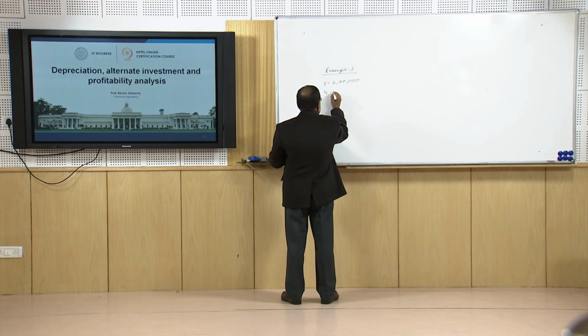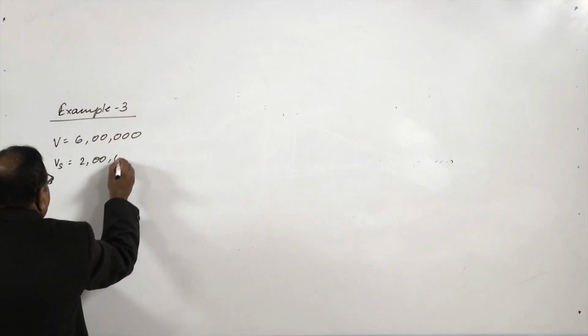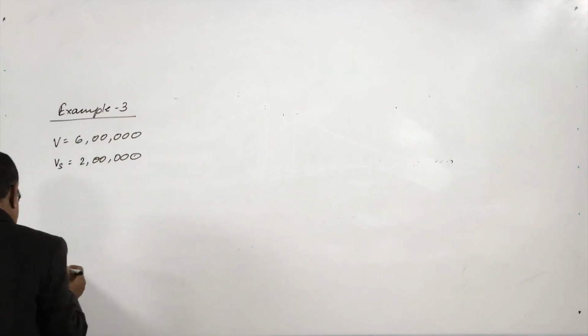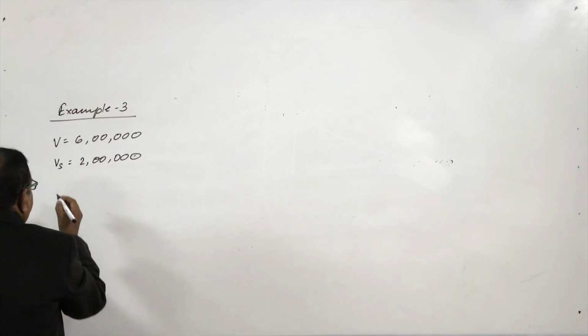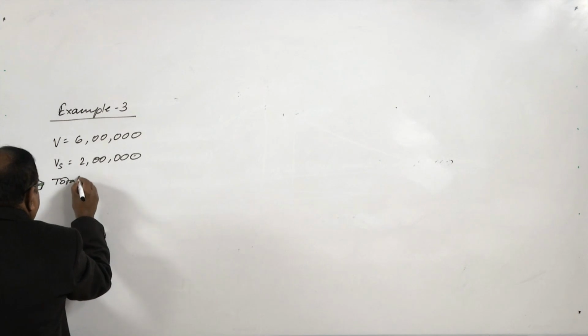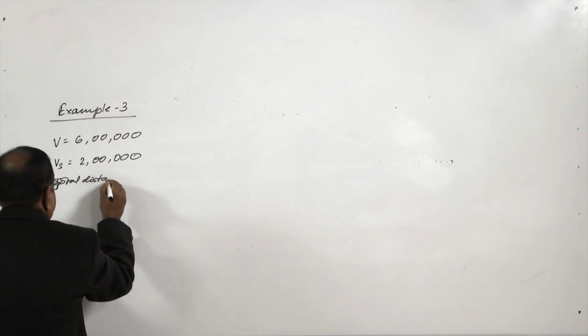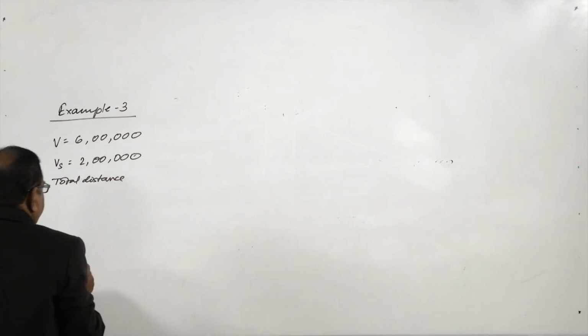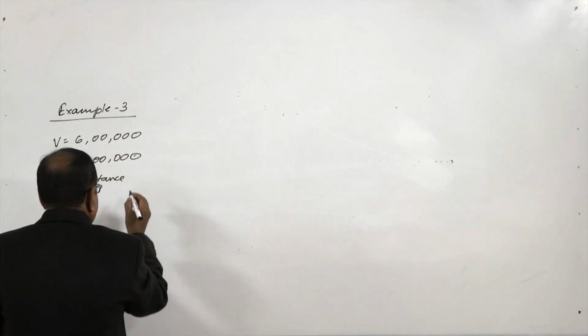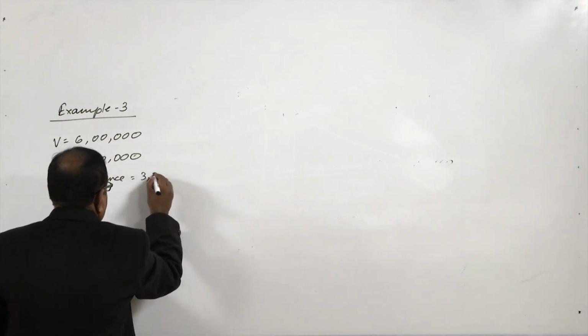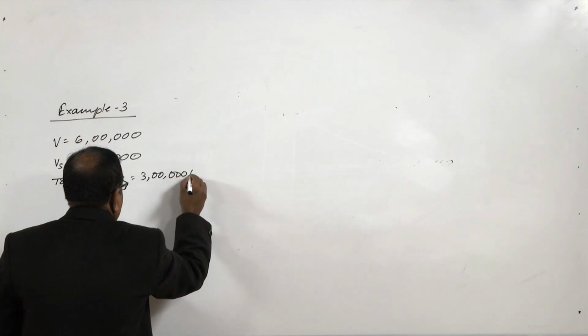Vs is given 2 lakh, and total distance which can be covered by the vehicle is equal to 3 lakh kilometer.